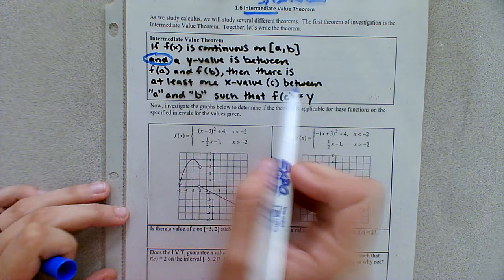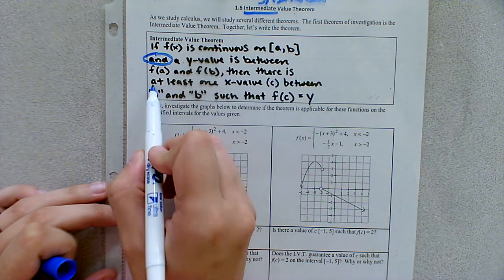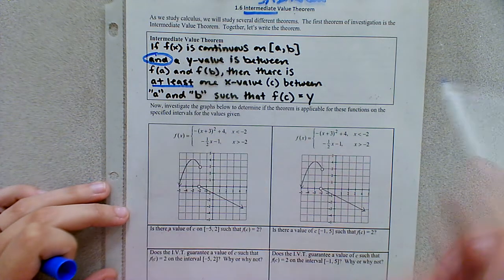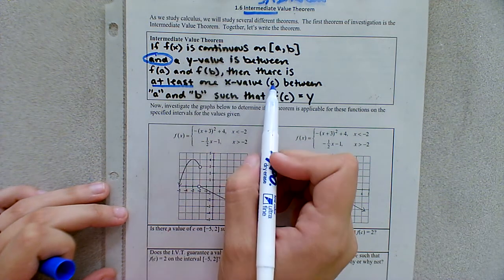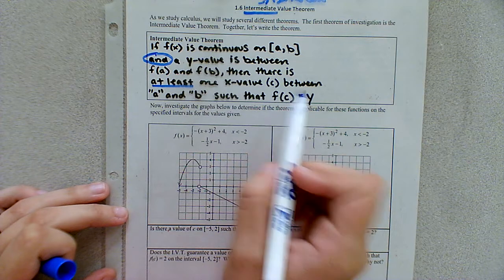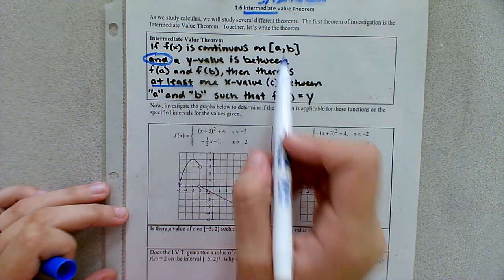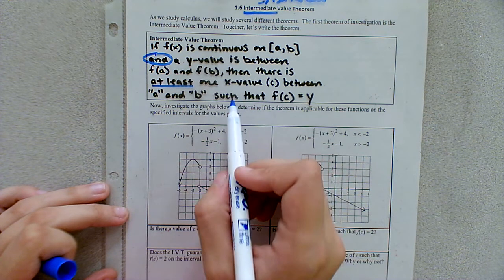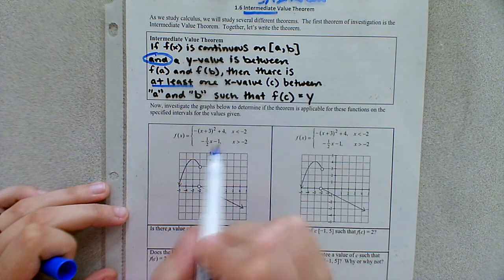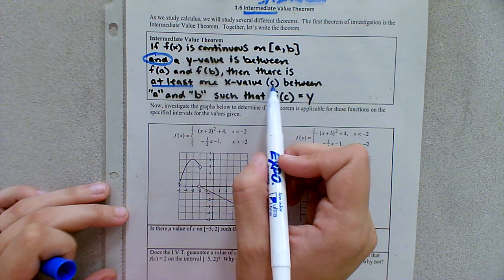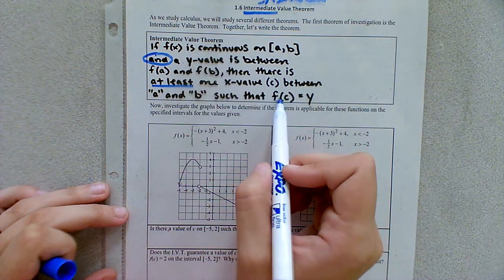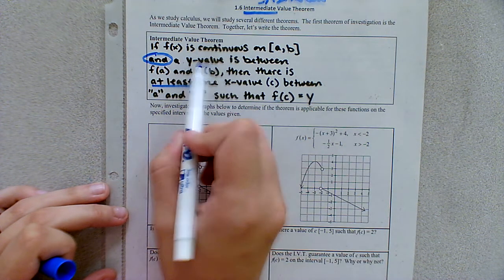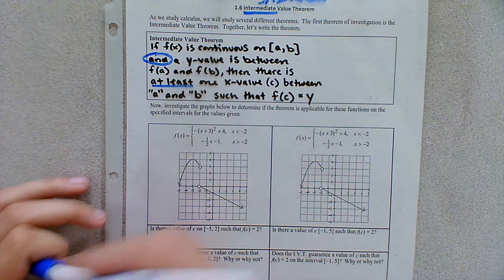So if those two things are true, then there is at least one x value, maybe we'll call that c, between a and b, that beginning and ending point on the interval, such that f of c equals y. Meaning, if we were to take that c value and plug it into the function, we would get that y value that's between the previous outputs.